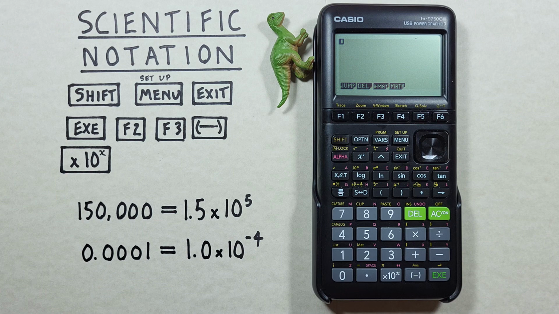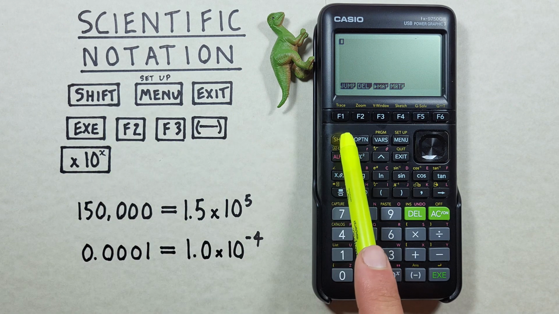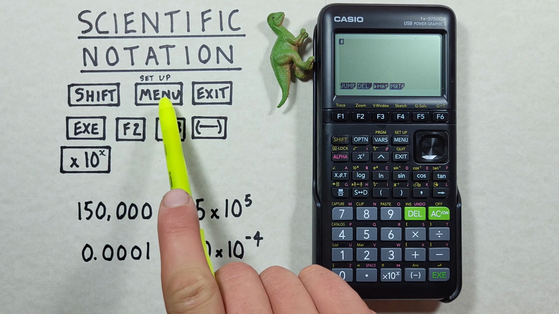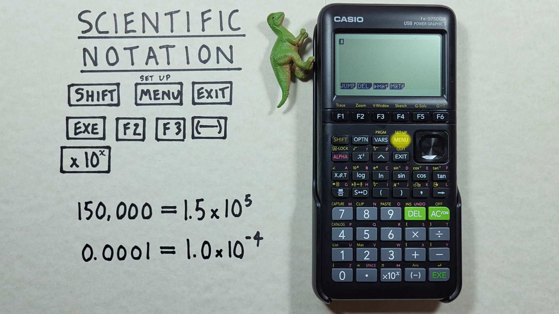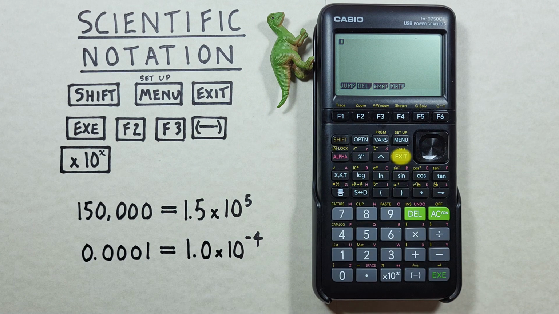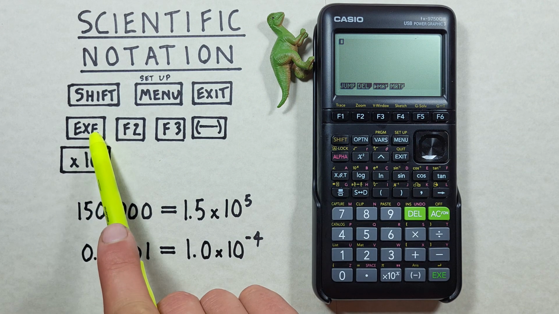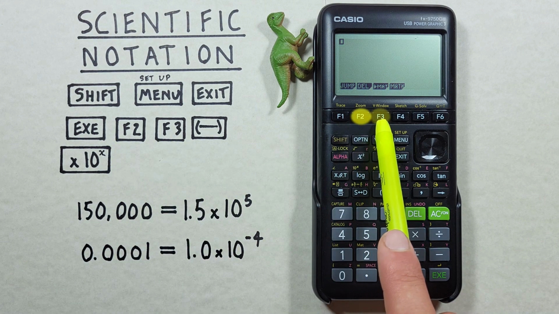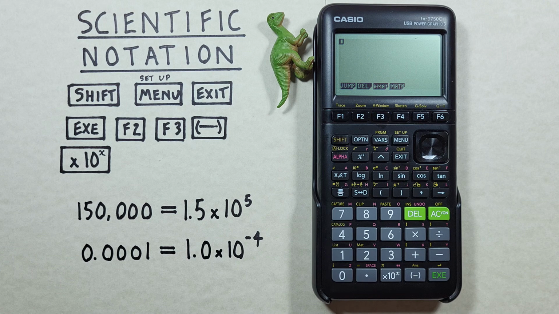To do that, we'll use the Shift key that looks like this, located here, the menu key with the Shift function of setup, the Exit key, the EXE key, the F2 and F3 keys, the negative key located down here, and the times 10 to the x key that looks like this, located here.